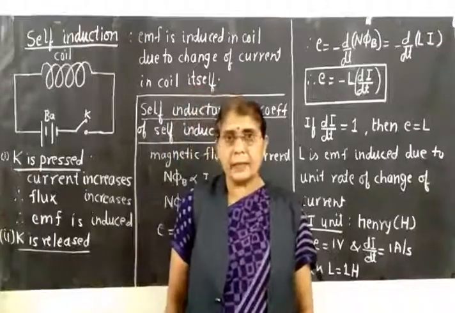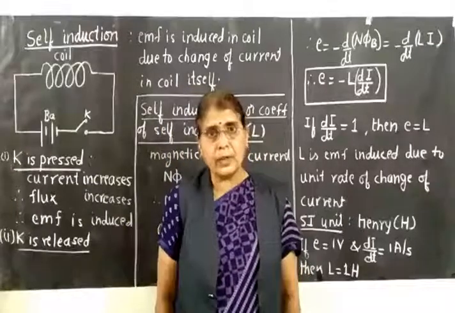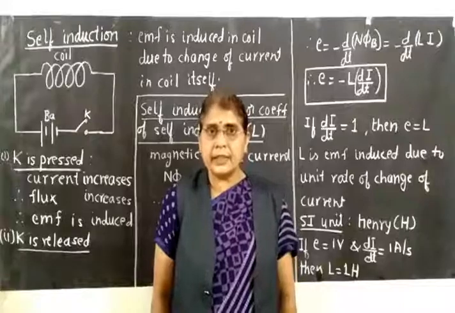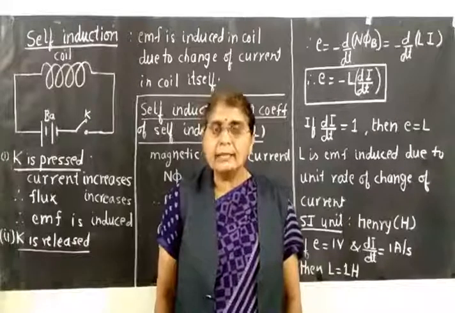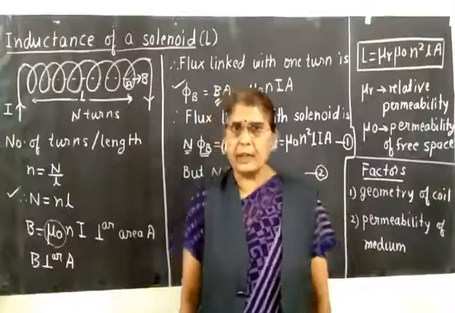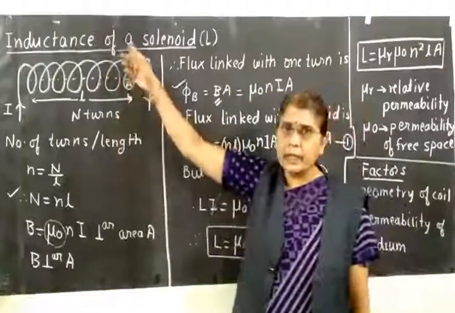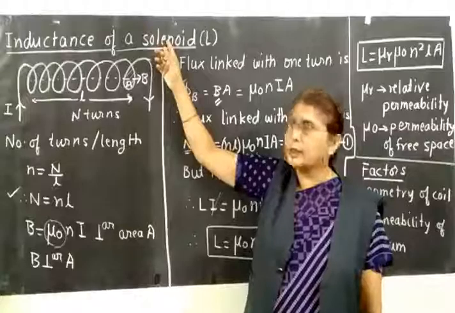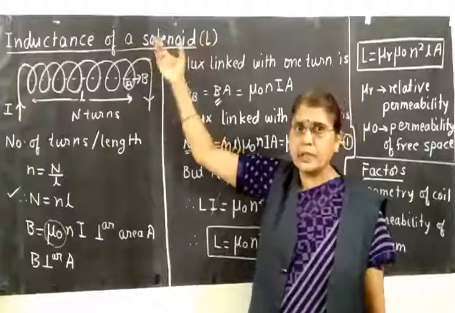Now with these points in mind, we shall go now to the next derivation. That is, we shall derive an expression for self-inductance of a coil. Now we shall derive an expression for inductance of a solenoid, that is capital L. Solenoid means coil.